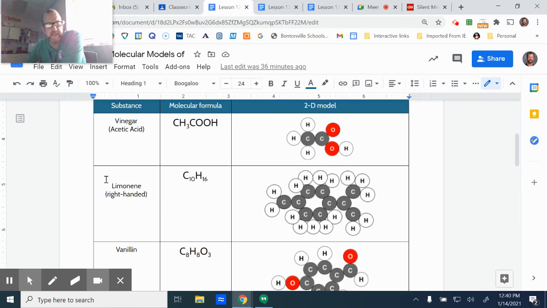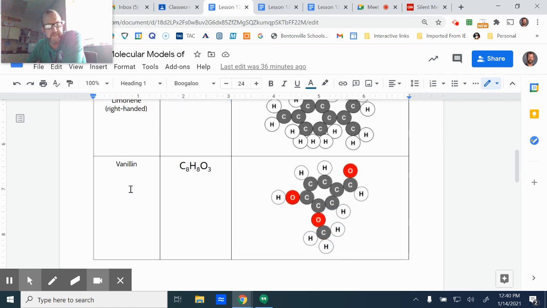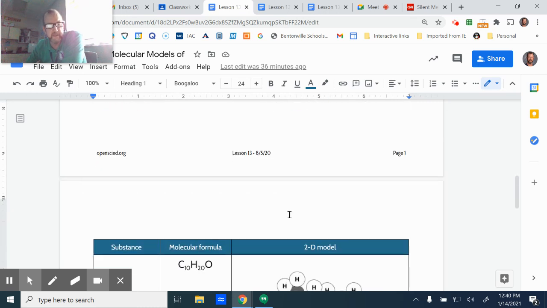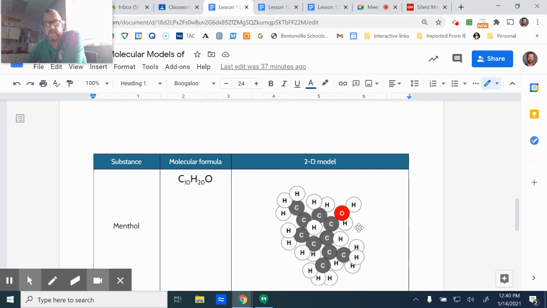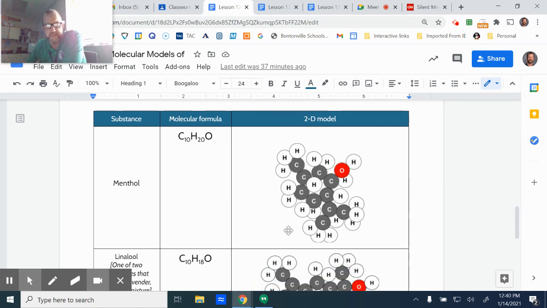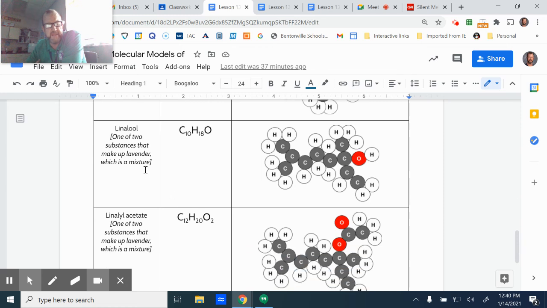Limonene, which is the molecule that you smell from lemons. Vanillin, which is the molecule that you smell from vanilla. Menthol, which is obviously the molecule of menthol, but it's also what you're smelling. And then linalool and linalyl acetate.